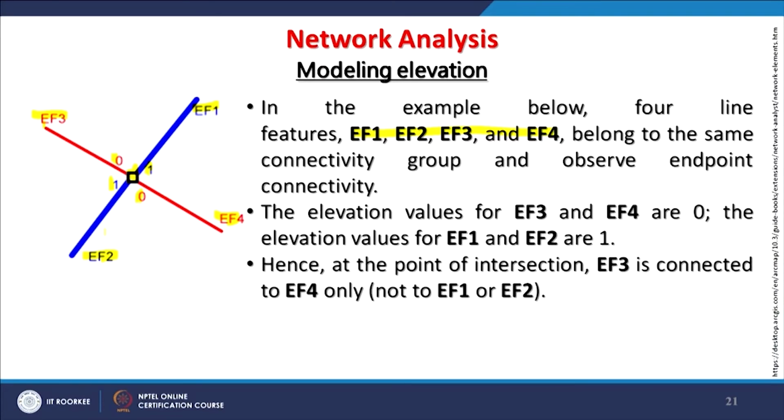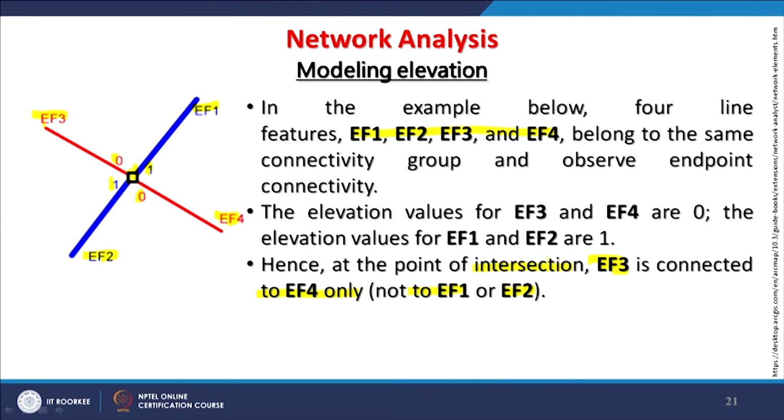And then this intersection, the point of intersection of EF3, is connected only to EF4 and not to EF1 and EF2. If it is a metro line, those 2 lines I mentioned earlier also may cross each other, but on a plan or on a 2D map. But if they are at different levels, then they may not be connecting, there may not be any intersection or any junction.